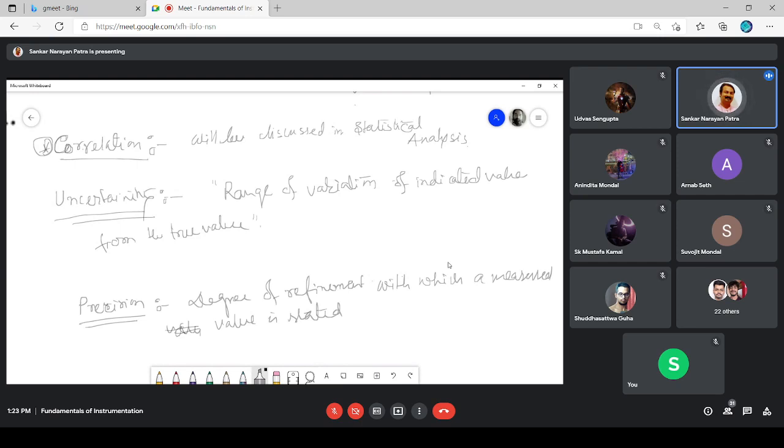Let me take an example of accuracy and precision. I'd like to explain it. Precision defines the degree of refinement with which a measure value is stated.